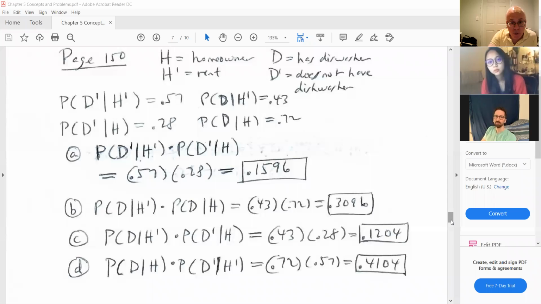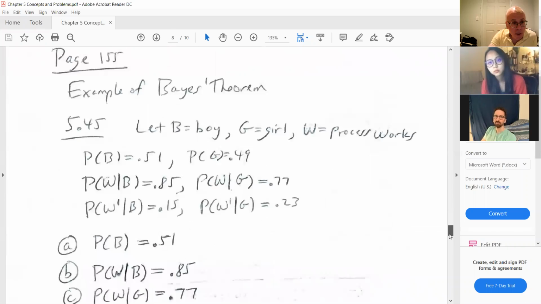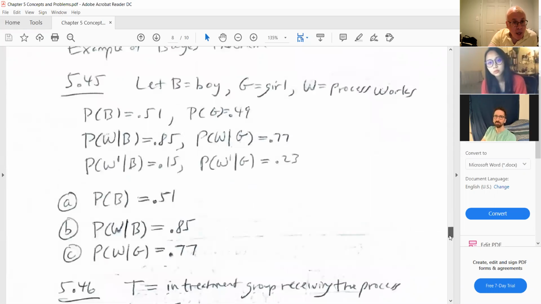Let's just scroll down here. Now, here are the variables that I set up. Event B means you have a boy. G is having a girl. And this is what I set up here. I said W is the process that they're using actually works.